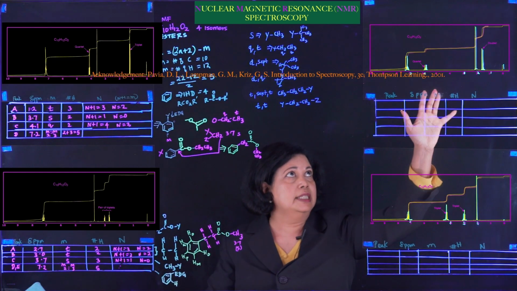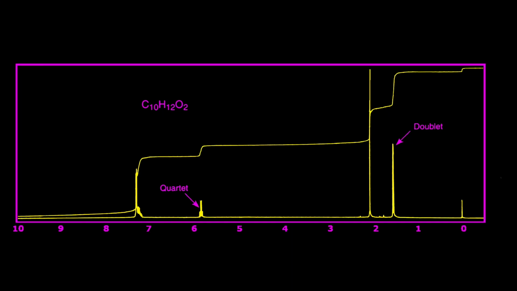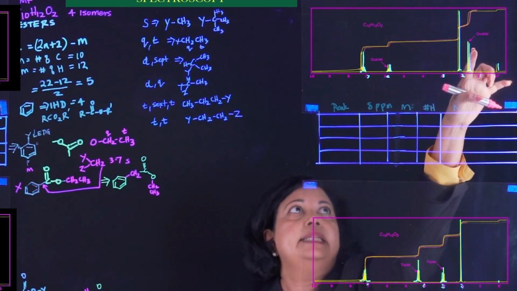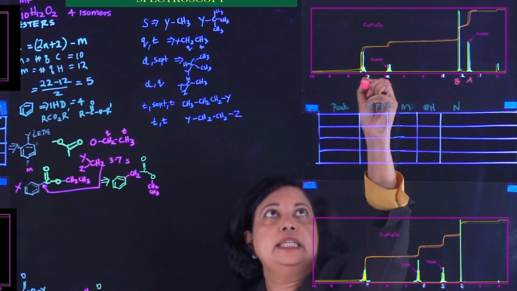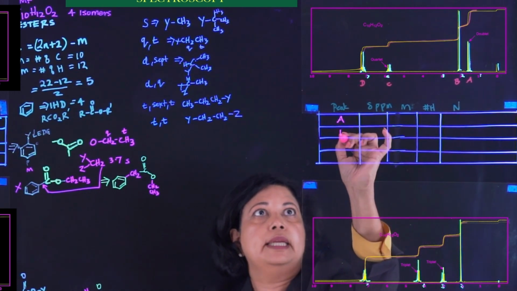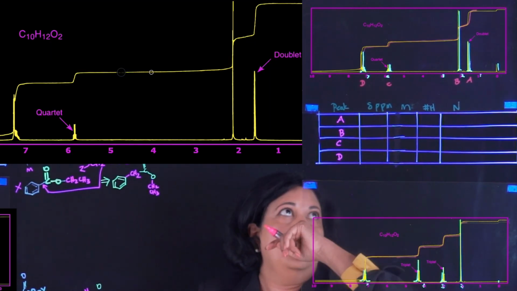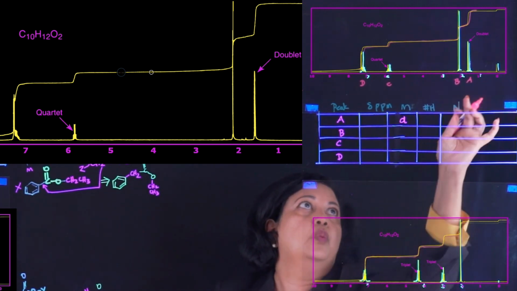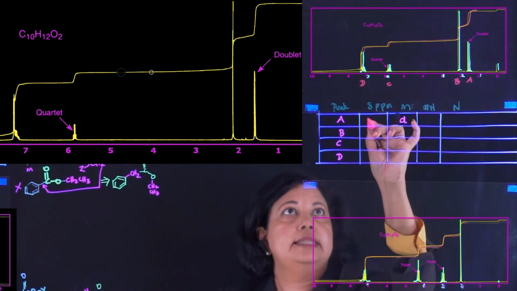All right, let's move on to these guys now. What do we have? Let's label the peaks here. The peaks here, starting from the most shielded and going downfield, are A, B, C, D. Over here we have a doublet at around 1.6.